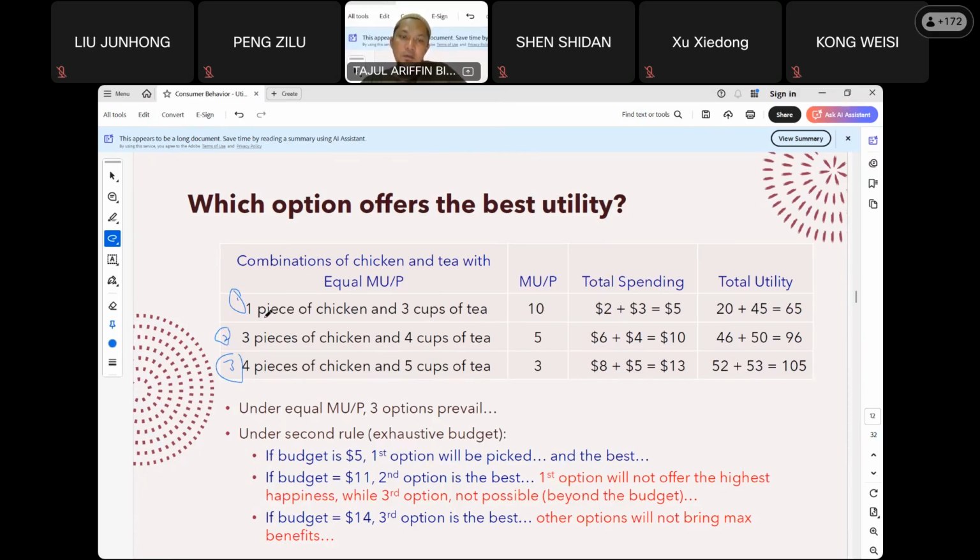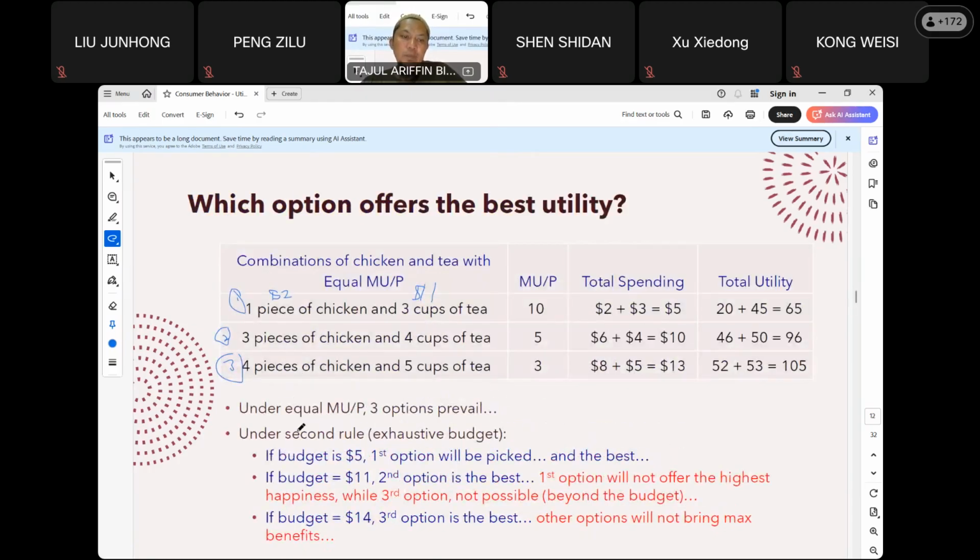Because the price of chicken is $2 and the price of tea is $1 per cup. So 2 times 1, 3 times 1, you get $5 for the first option. Second option, 2 times 3, 6, plus 1 times 4, 4, so $10. Third one, 2 times 4, 8, plus 1 times 5, 5, so we get 13.